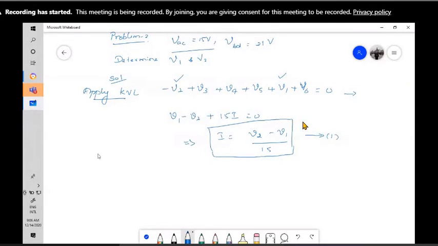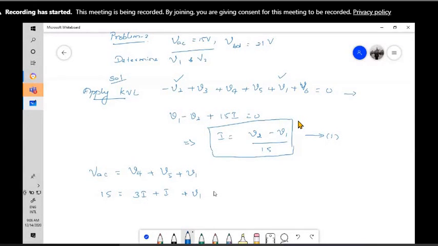So it can be written that VAC is nothing but the voltage drop V4, V5 plus V1. Now it is given in the question that VAC is equal to 15, and V4 we have already determined to be 3 times I, whatever may be that loop current I, which we have not found out at this particular point, plus V1.